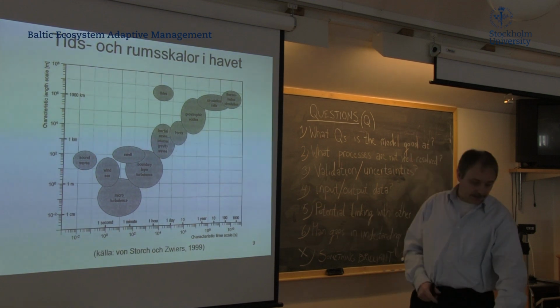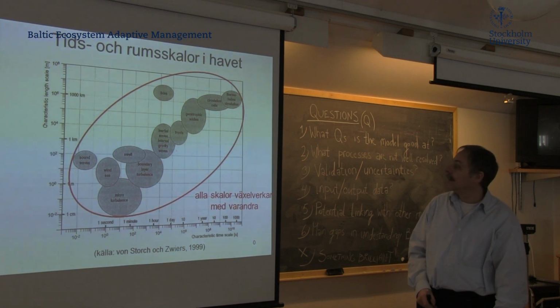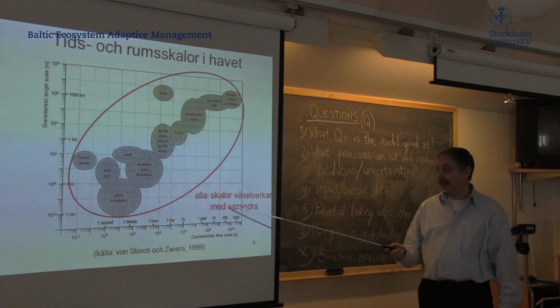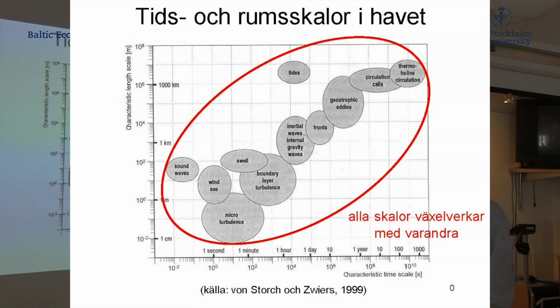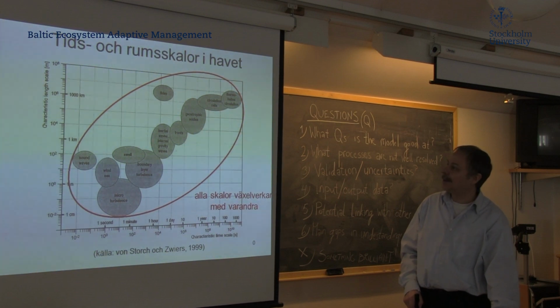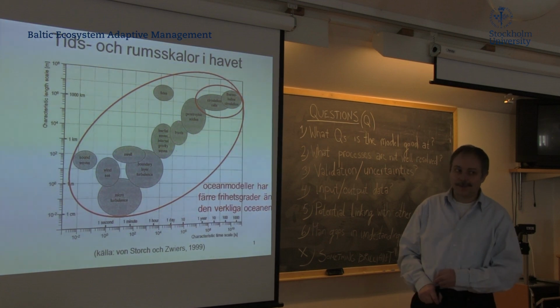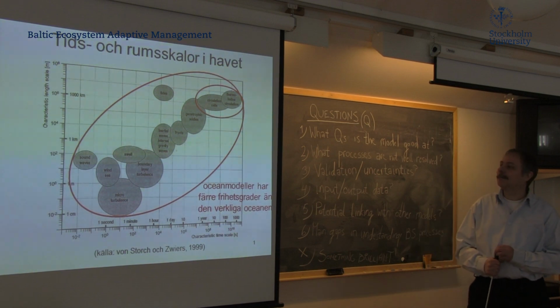The question is, well, in principle you want to have all included in the model, right? But the tricky thing is that all the different scales, all the different processes interact together. So in principle, to have a perfect model, you need to include everything. And that is possible theoretically, described by the Navier-Stokes equations, but it is very much unrealistic in relation to today's computer power.